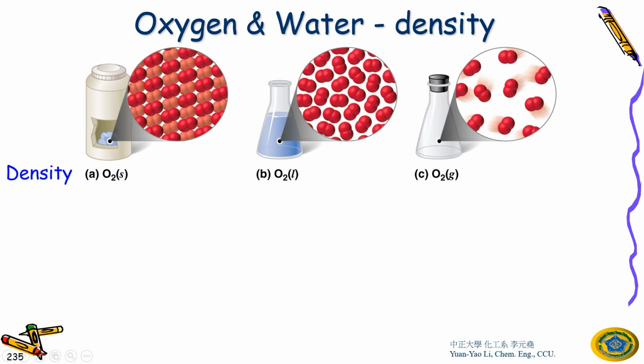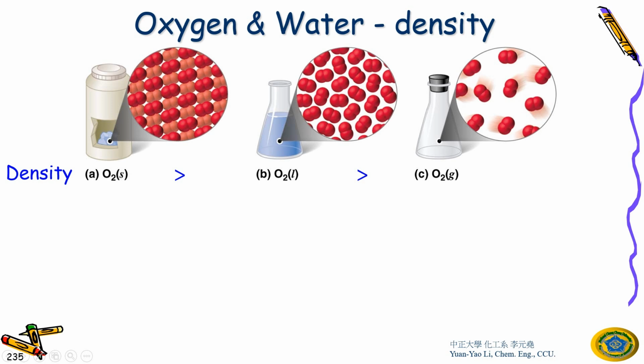So when you take a look at this picture, you realize the density of oxygen in the solid phase will be greater than in the liquid phase, and greater than in the gas phase. The definition of density is grams per cubic centimeter, right?